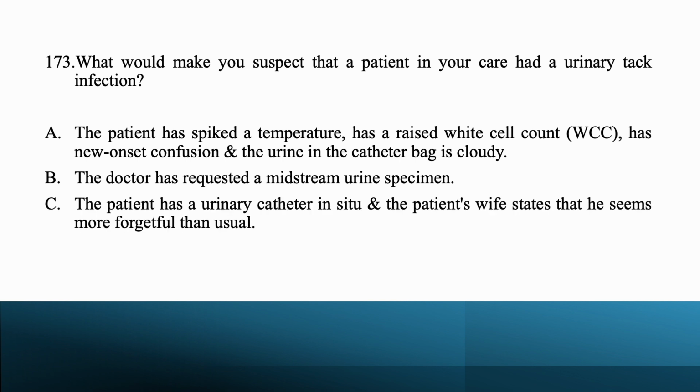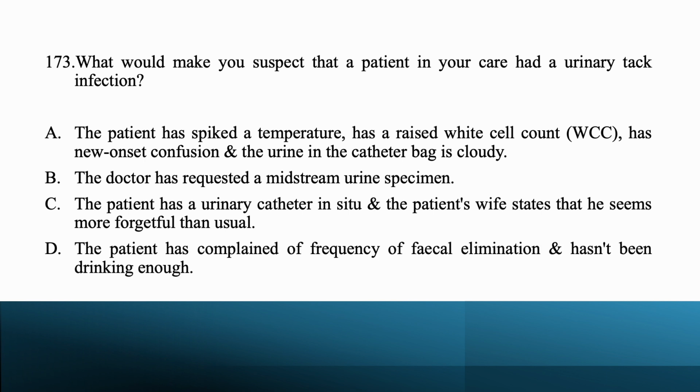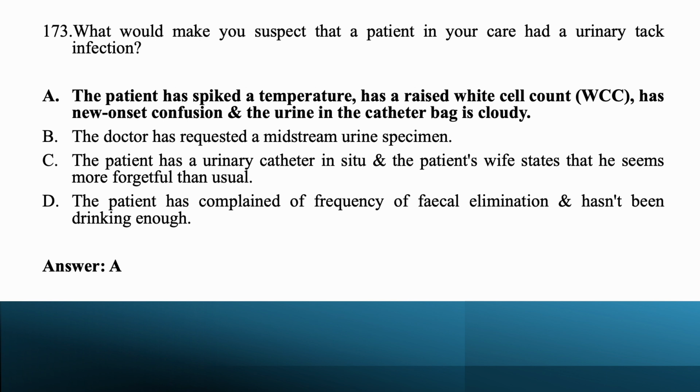Option C. The patient has a urinary catheter in situ and the patient's wife states that he seems more forgetful than usual. Option D. The patient has complained of frequency of fecal elimination and hasn't been drinking enough. The correct answer is option A. The patient has spiked a temperature, has a raised white cell count, WCC, has new onset confusion and the urine in the catheter bag is cloudy.